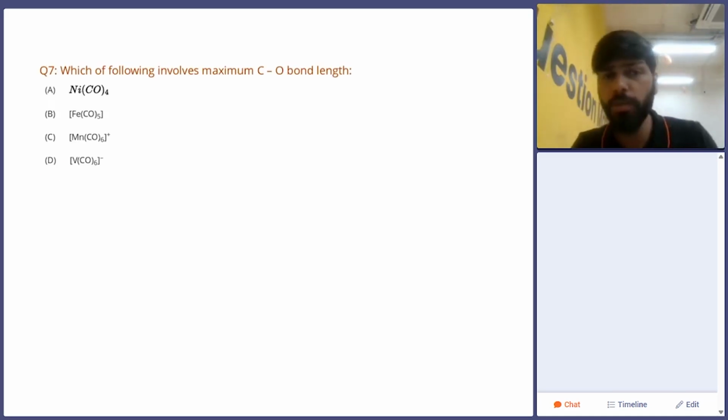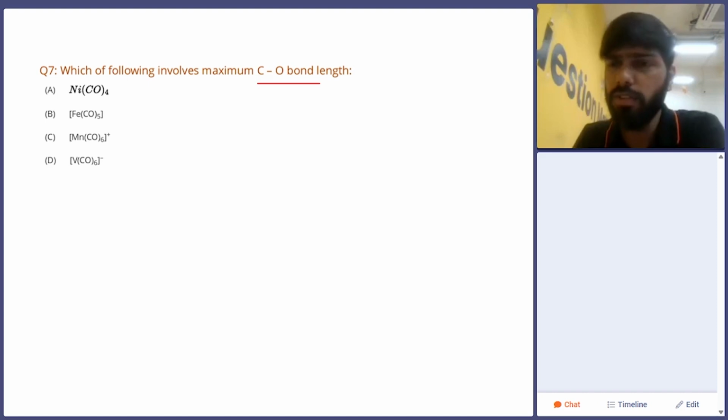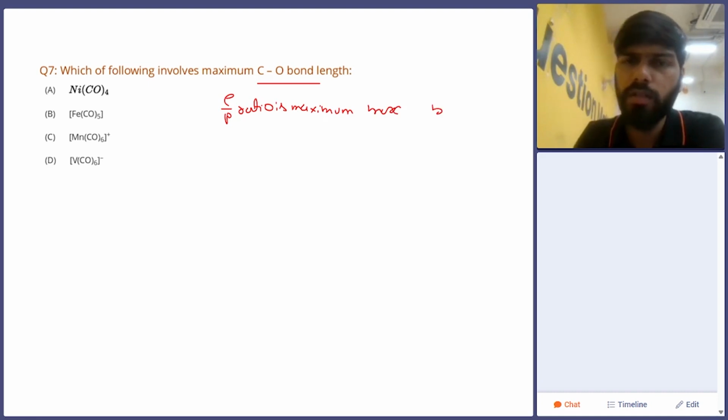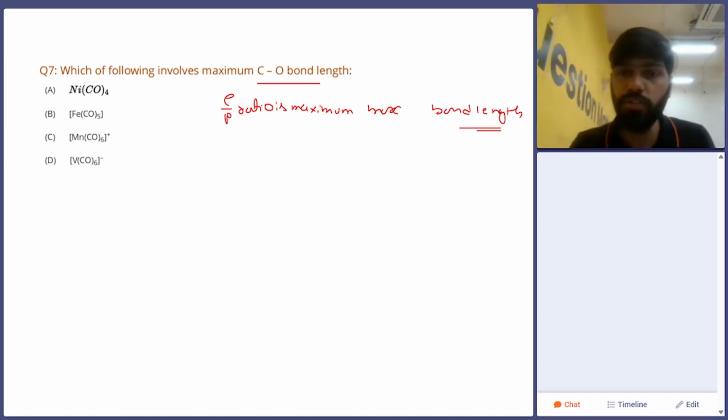Next, which of the following involves the maximum carbon oxygen bond length? See, if the E upon P ratio is maximum, there is more bond length. So we calculate the E upon P ratio, the electron to proton ratio. For the first, 28 upon 28, this is 1. For FeCO5, Fe is again 26, it is 1.